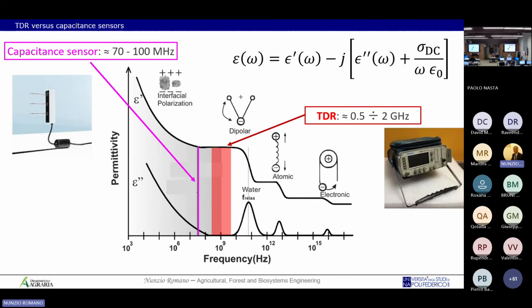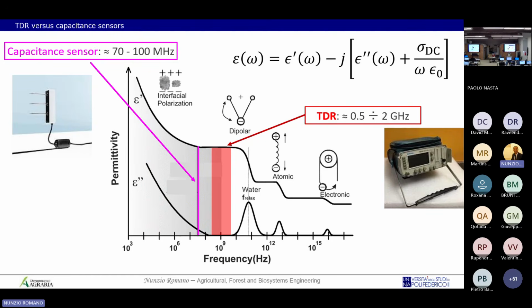But I hope that going a little bit into the detail of the dielectric permittivity of the transversal wave, in a relatively simple way, gives you an idea why the TDR probe is a bit more precise than capacitance sensors. And again, this is only a plot that shows how the measurement is affected by the functioning frequency of the sensors.